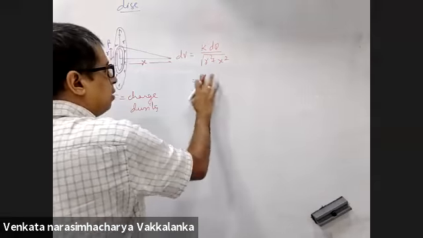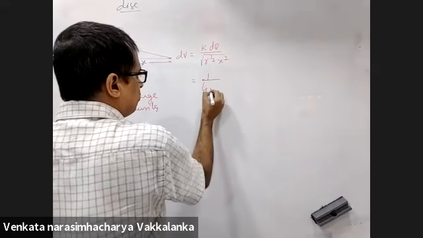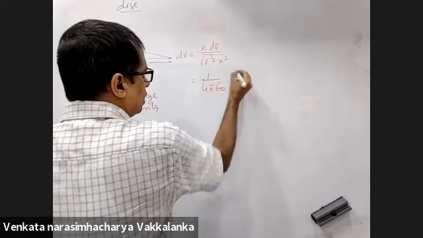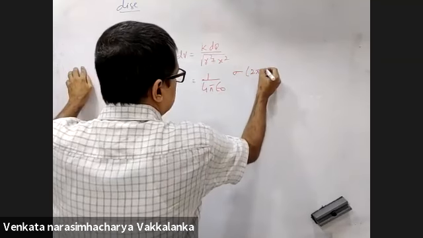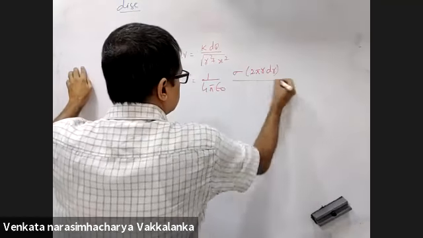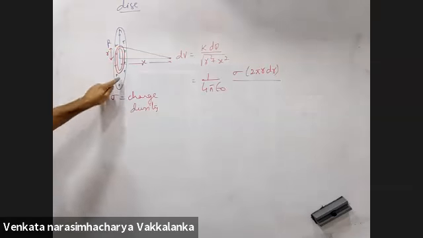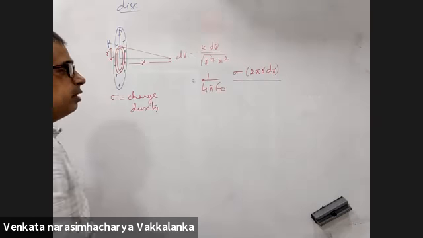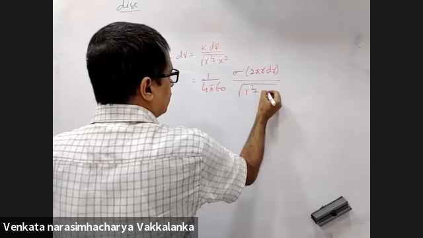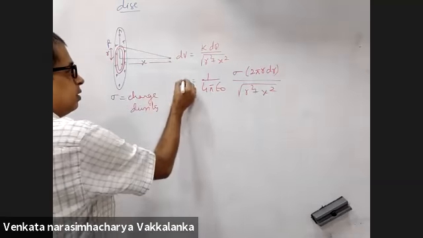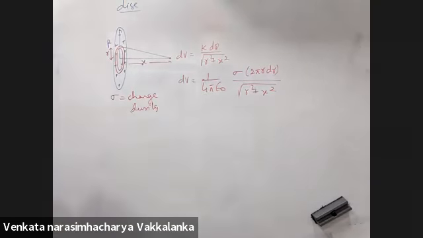K, I'll put K as 1 by 4 pi epsilon naught, sigma into area of the ring, 2 pi r dr, over root over of r square plus x square. So far, so good. Yes or no?